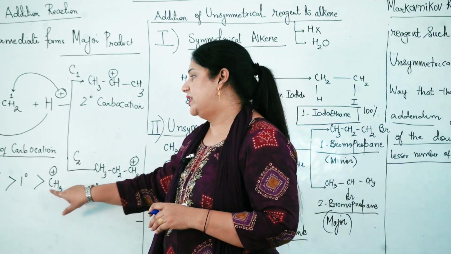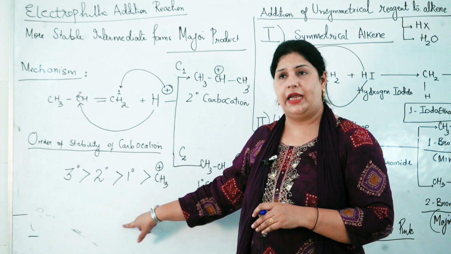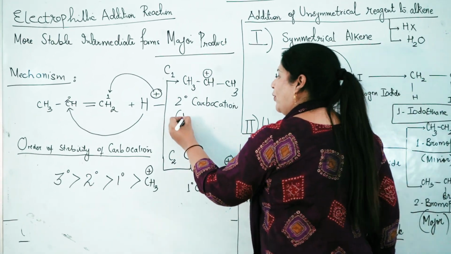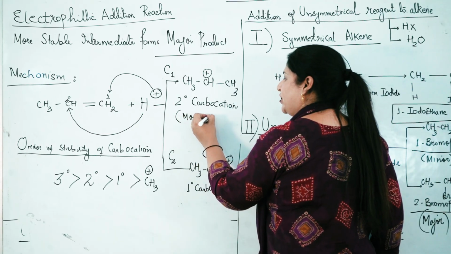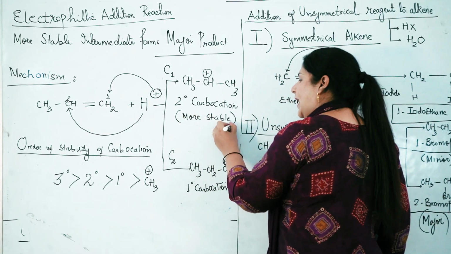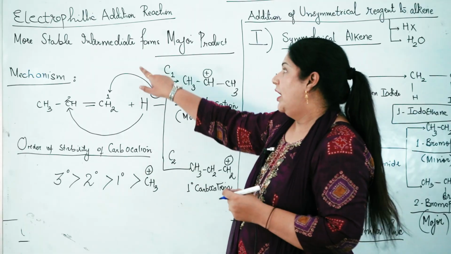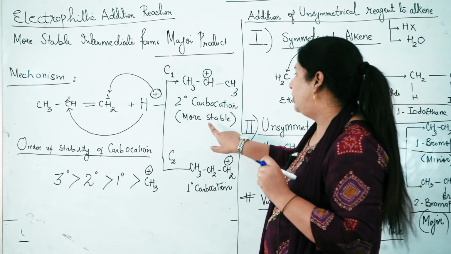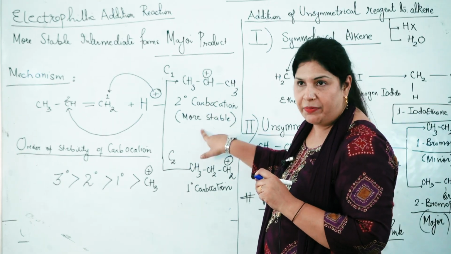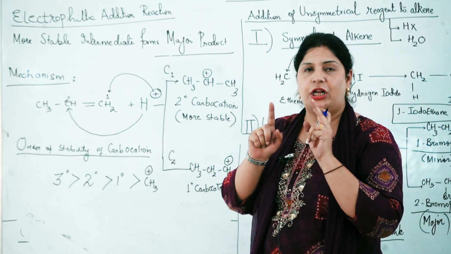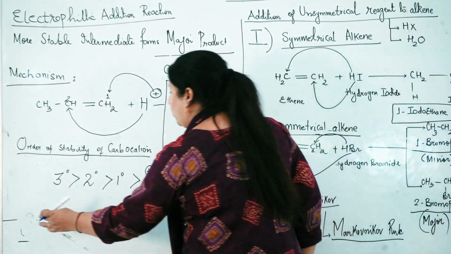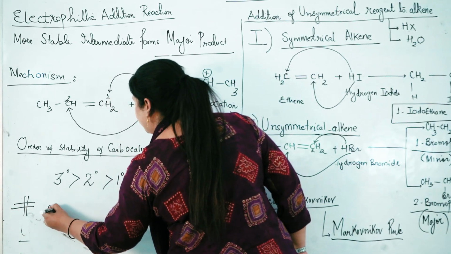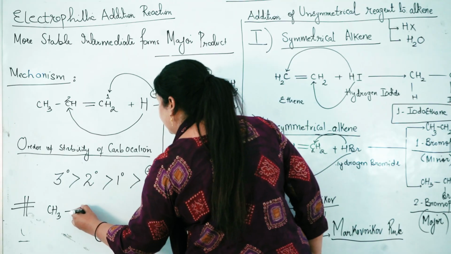So when we say that this is the order of stability of carbocation, which carbocation is more stable? Secondary carbocation is more stable, and as I told you, more stable intermediate forms major product. So this more stable intermediate will form major product, and that is why we say that more stable intermediate is this.